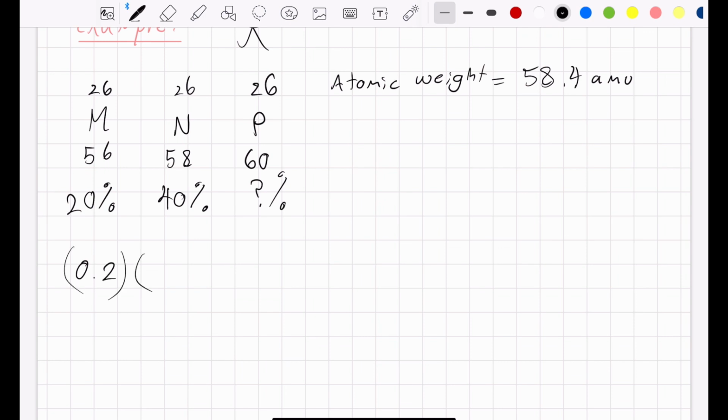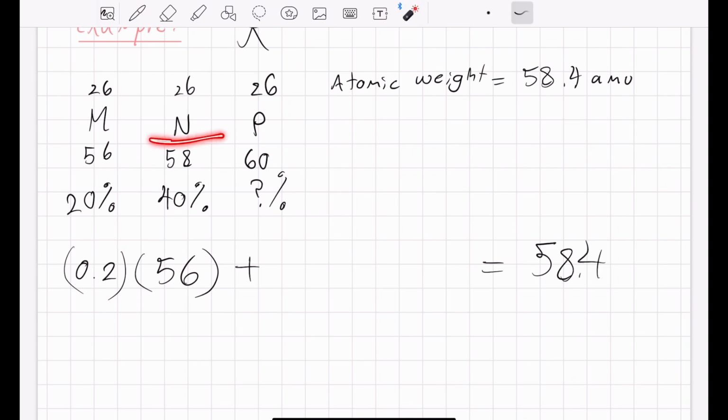You'd multiply that by 56 AMU plus, and you repeat this for every single isotope and equal it to the atomic weight, which is 58.4. So here, if we go back here, we know there's 40%, that's 0.4 as a ratio, times 58.